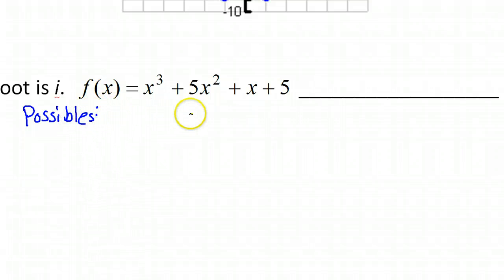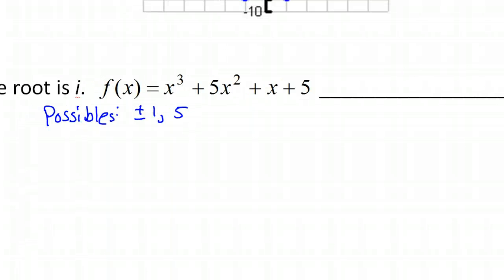Alright, I'll just call them the possibles. Looking at the 5, they are going to be plus or minus 1 or 5. The leading coefficient is 1, so that's automatically the denominator. So, I'm just going to use these possibles and see what's up.